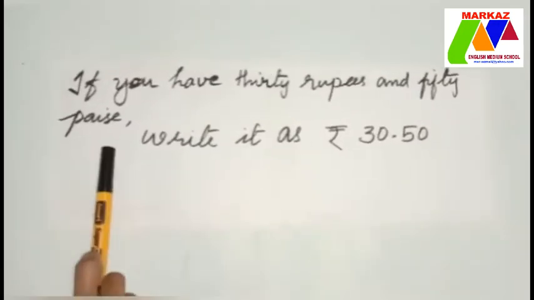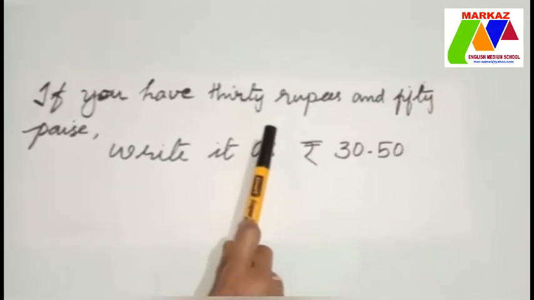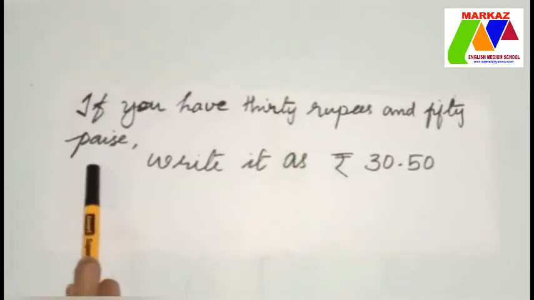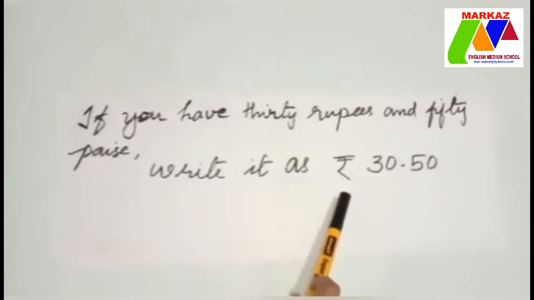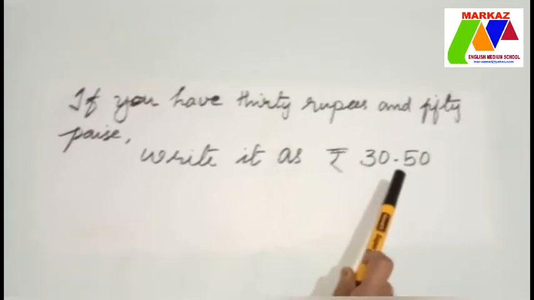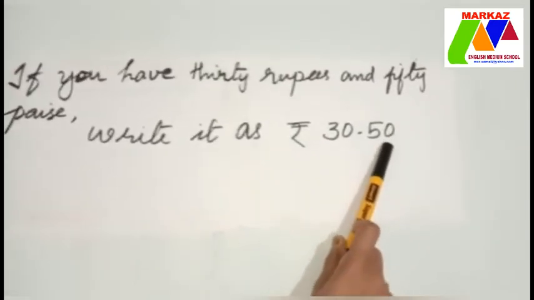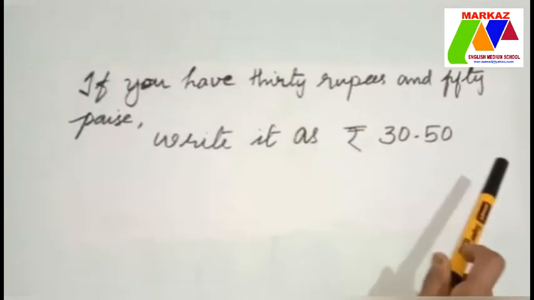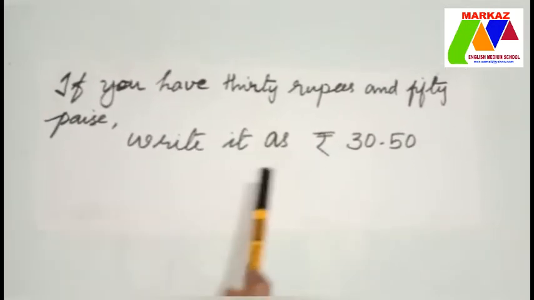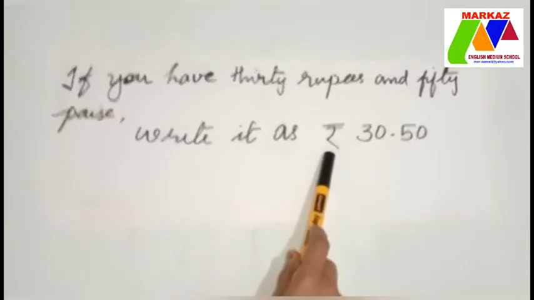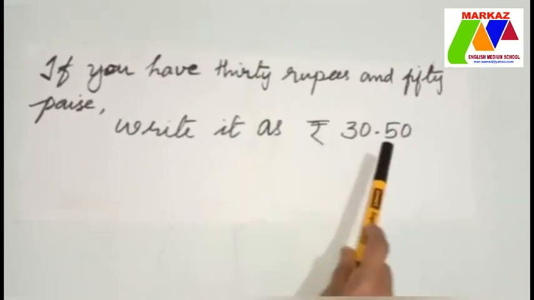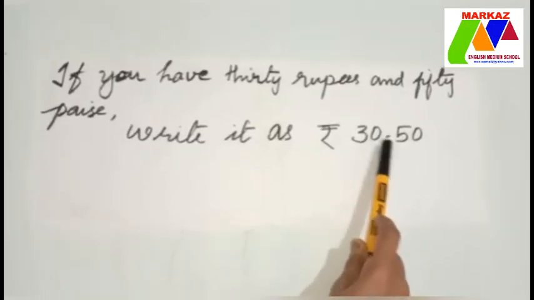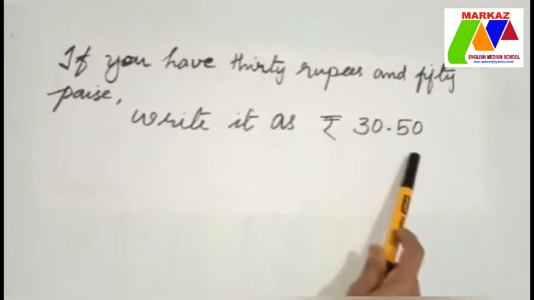Children, if you have 30 rupees and 50 paise, we can write it as rupees 30.50. First we write the symbol instead of the word rupees. We use the dot to separate rupees and paise.